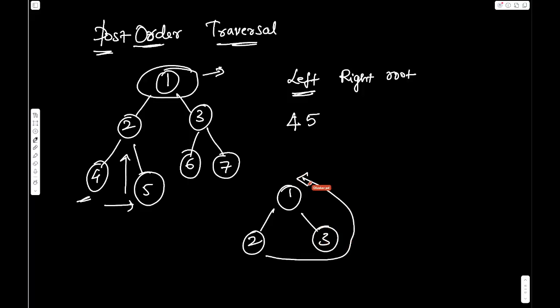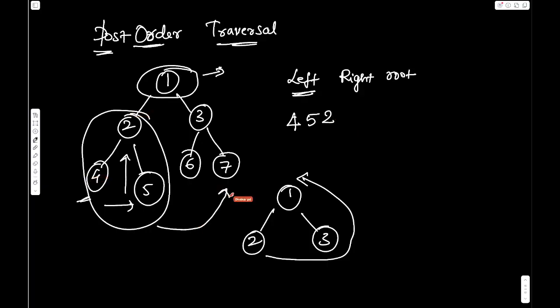So 4, 5, 2. Again, this is completed. Now it goes to the right side of the node. So here 6, 7, 3, and then this is the root of the last node.